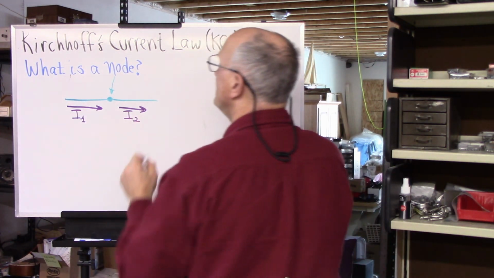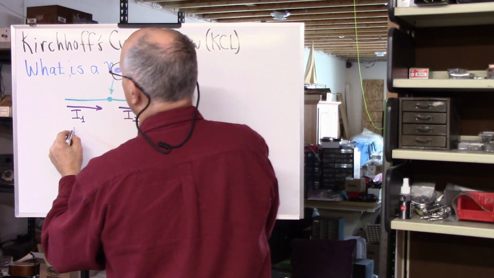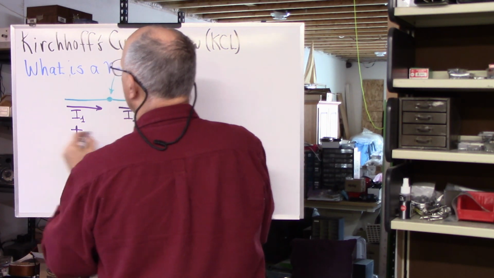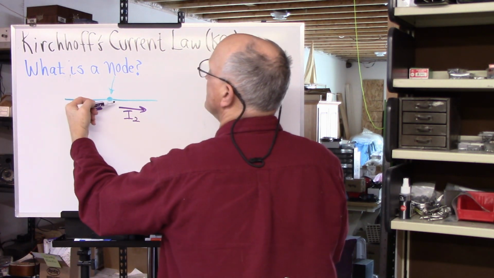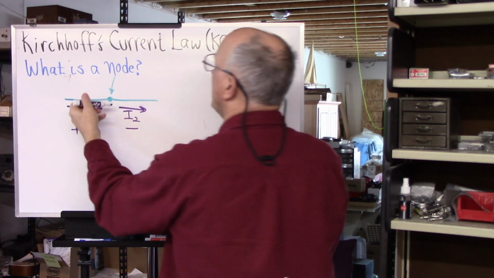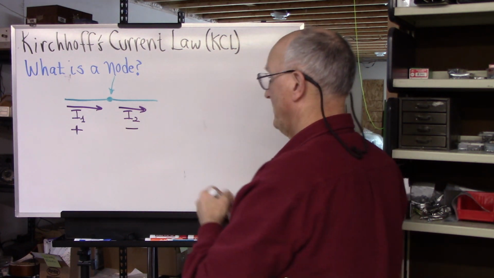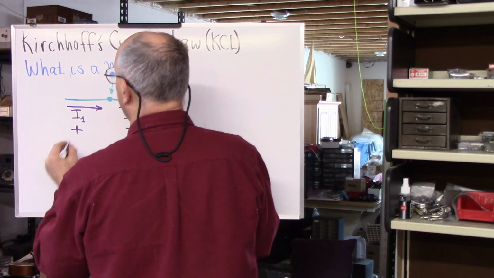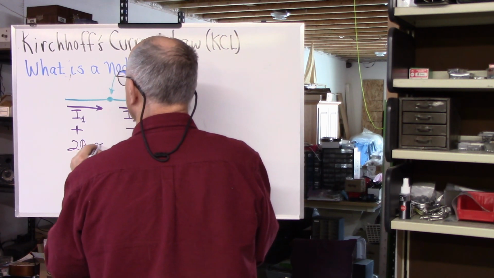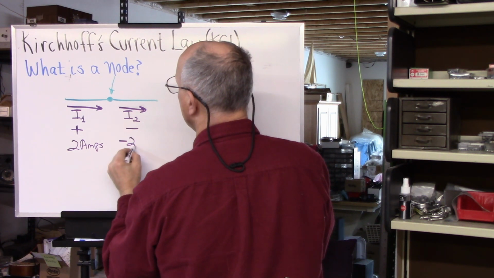But current 2 is exiting a node. So we can say that current 1 is positive current because it is entering the node. Current 2 is negative current because it is exiting the node. So if I1 is equal to 2 amps, then I2 has to be equal to minus 2 amps.